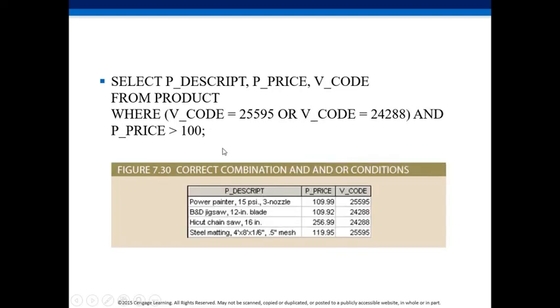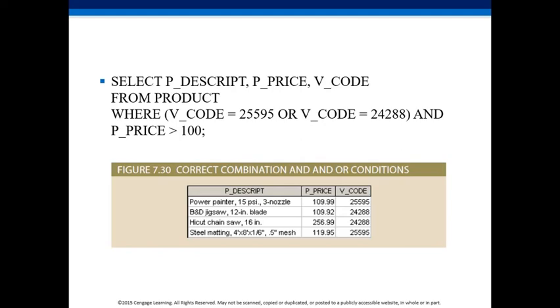To solve that, we can add parentheses to isolate them. It's the same as in math, where what's inside the parentheses is prioritized. I think it's the same in programming languages, where we can also isolate certain conditions. If you want those conditions grouped, you put them together, so either 25595 or 24288, either one of them. This is an isolated OR. Then the output looks for the prices of 25595 or 24288 that are greater than 100.